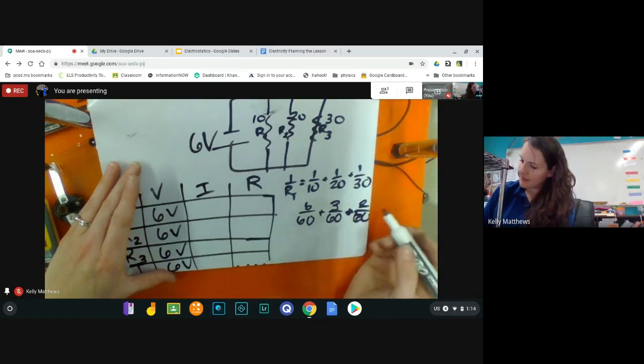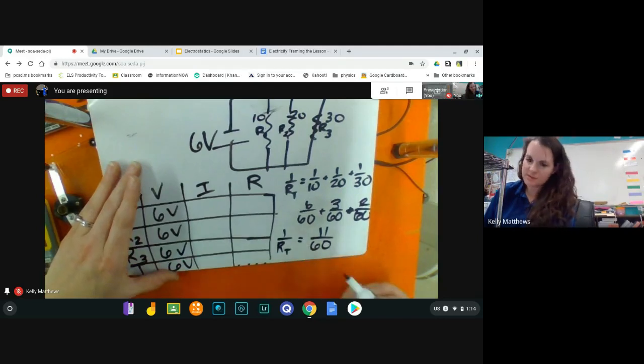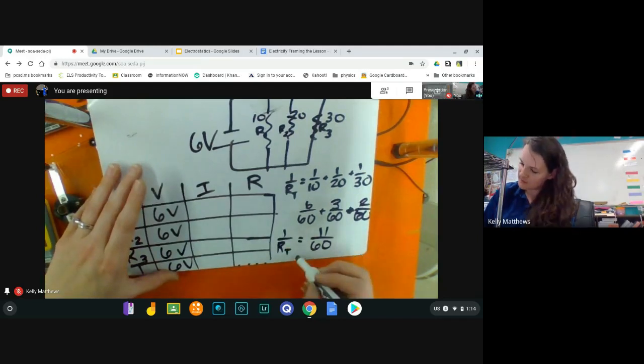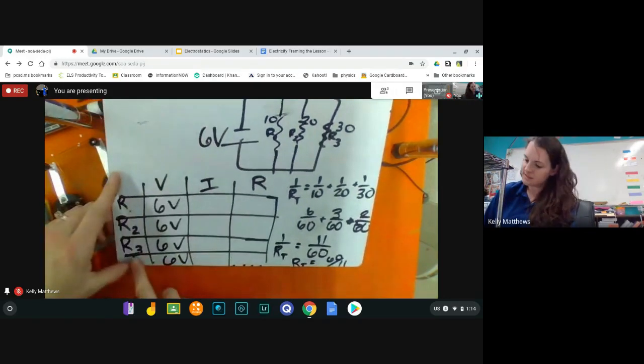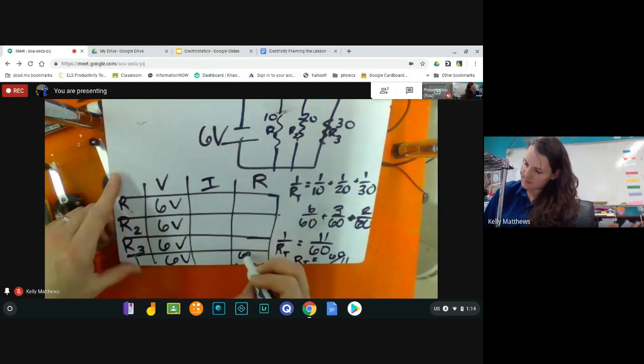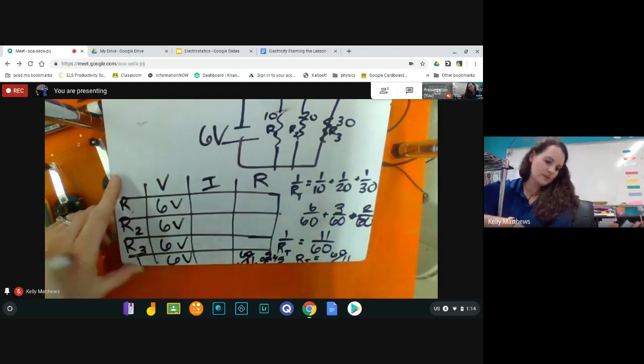All right. And so 6 plus 3 plus 2 gives us 11 over 60. 1 over my total resistance equals 11 over 60. So I need to flip each one. My total resistance equals 60 over 11, or really close to 5.45 would be fine.